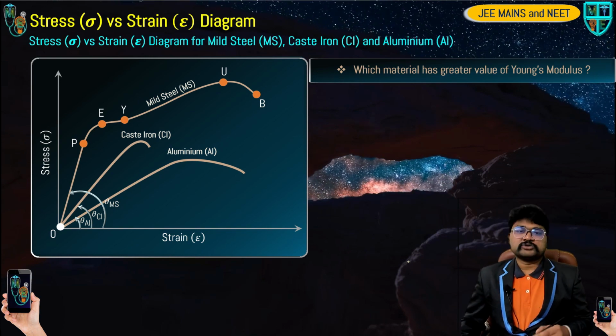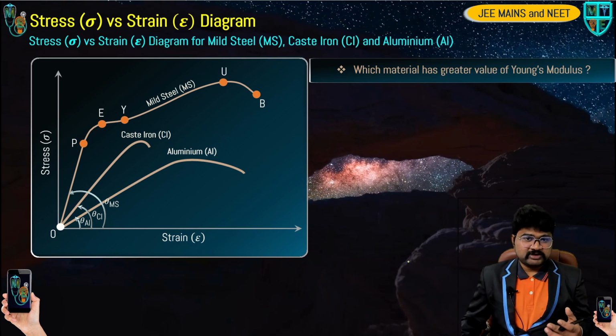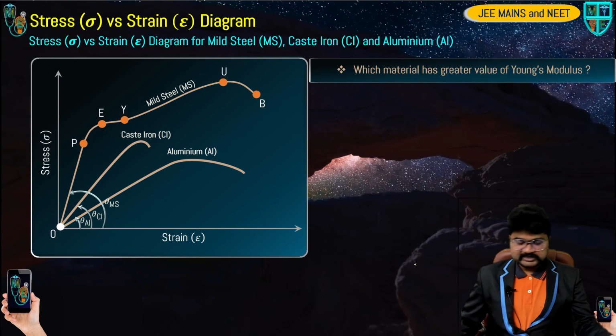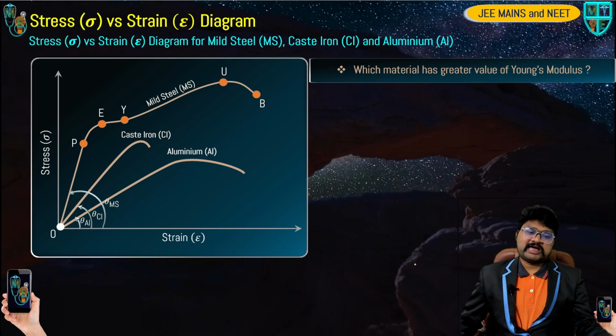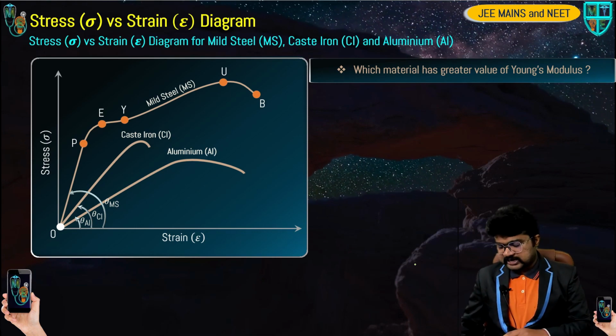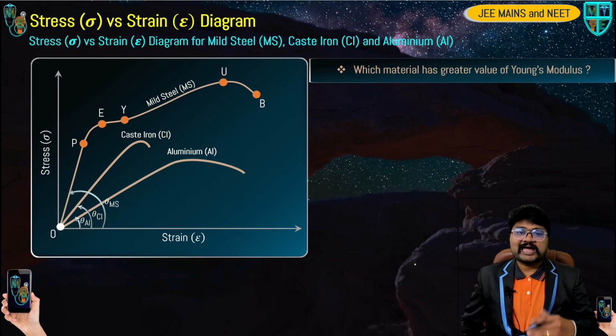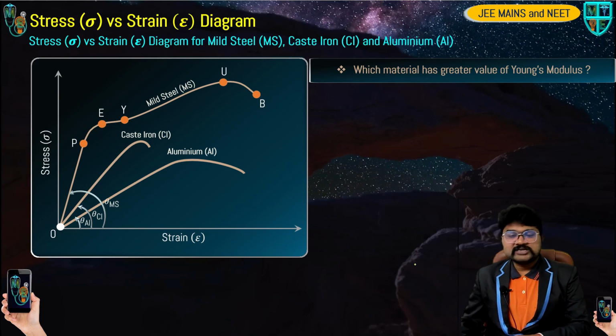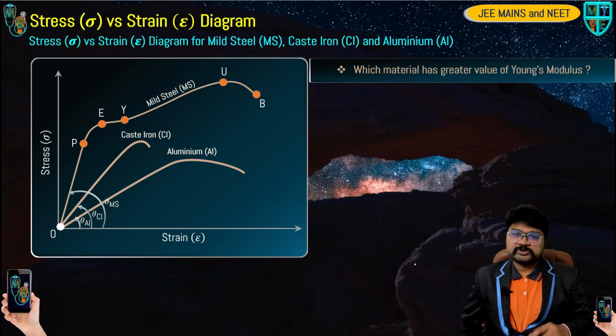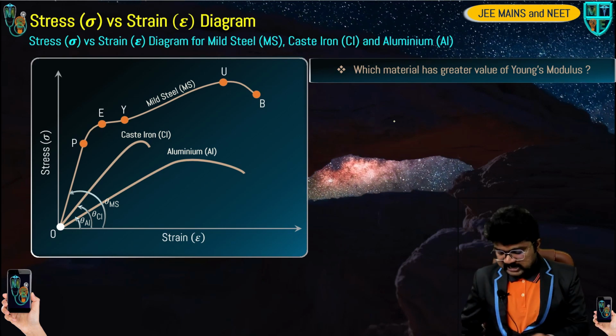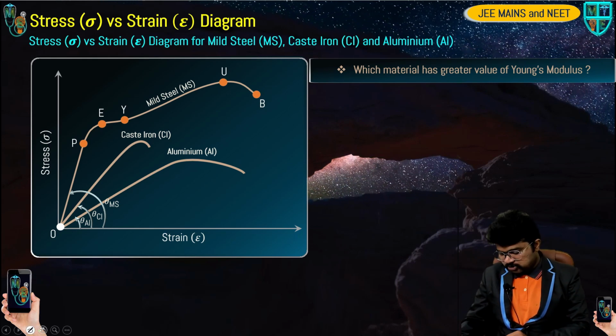The procedure to judge which material has the highest Young's modulus is using theta values. See this curve: theta mild steel is the angle made by the mild steel curve with the positive direction of the x-axis, and similarly theta cast iron and theta aluminium.